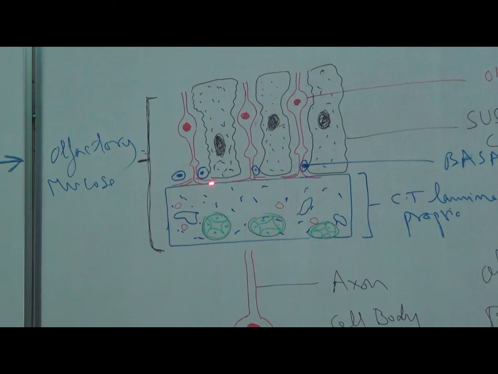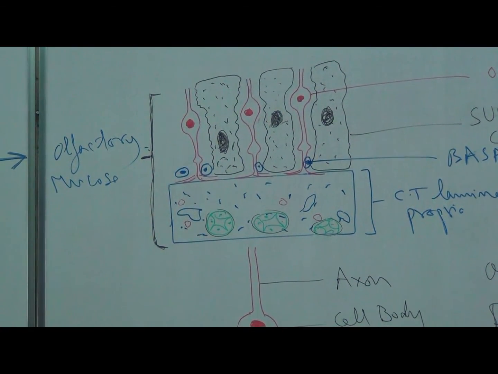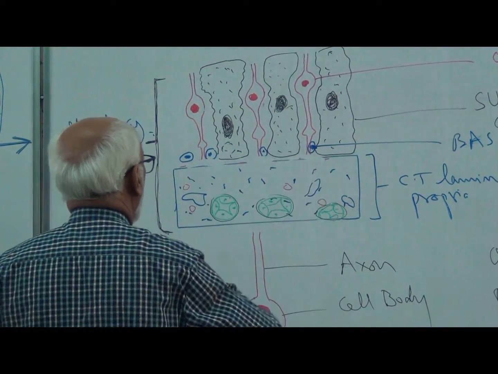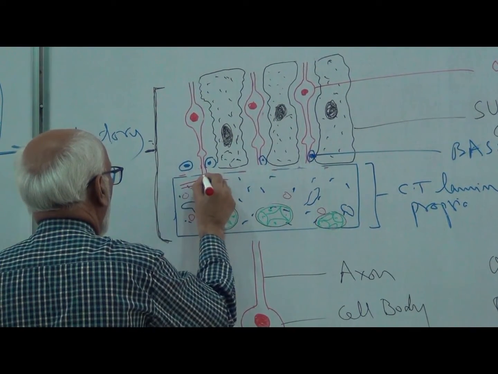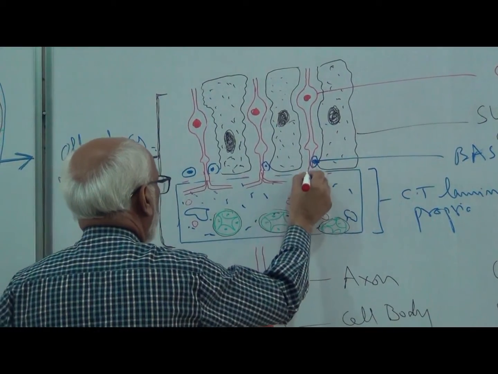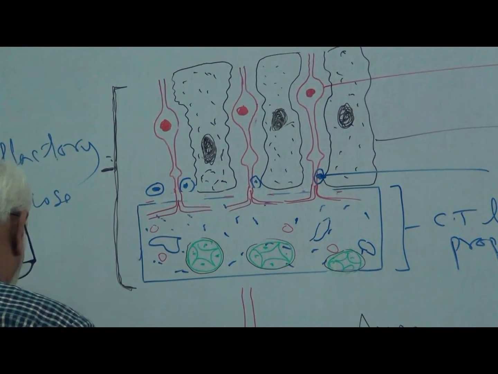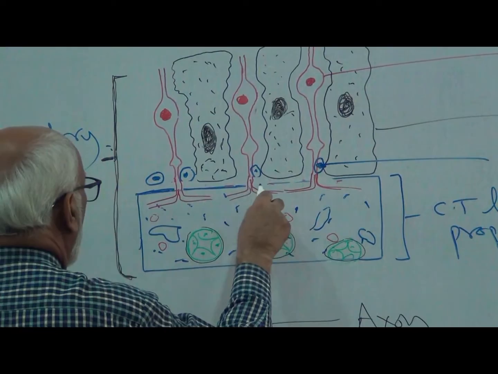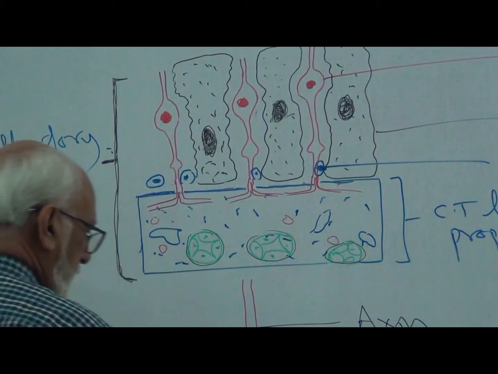You can see they run in this direction, not vertically. In the connective tissue lamina propria, these are cilia of these olfactory neurons, which run parallel to the surface, not vertically at right angles.